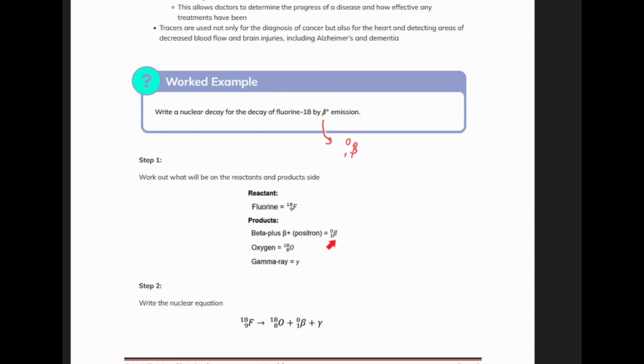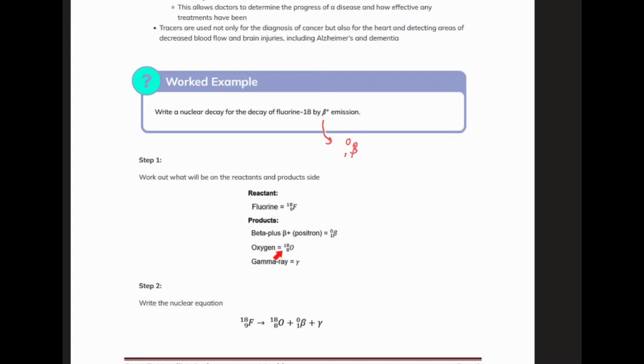Now the nucleon number up here remains as 18, but the proton number decreases by 1 because of the positron, becoming 18, 8. So 18, 8 is oxygen, since proton number 8 is oxygen.